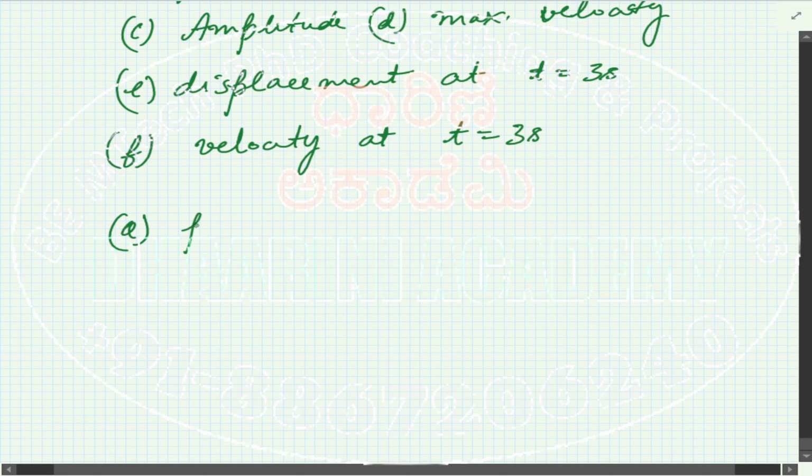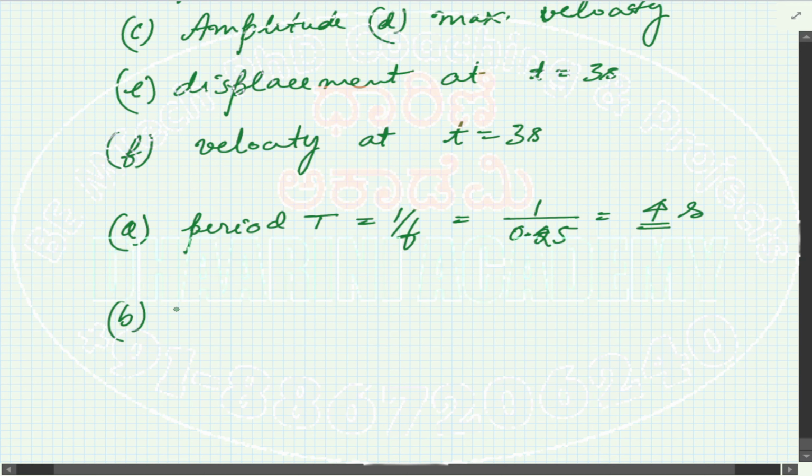It's straightforward. They are asking what is the period. That is capital T is 1 by frequency. Frequency is given, so this is 1 divided by 0.25, which is 4. So period is 4 seconds. Part B of the question, they are asking what is the angular frequency.